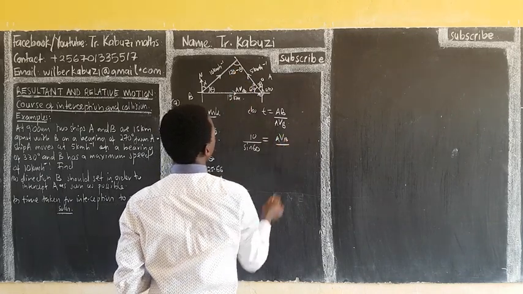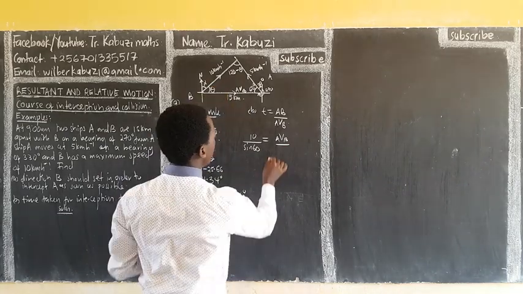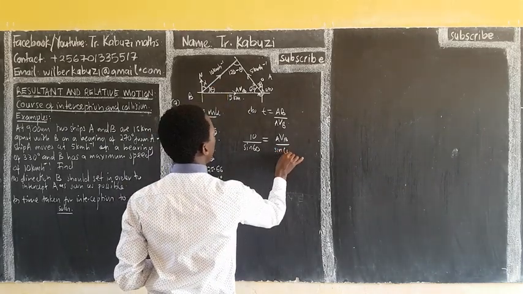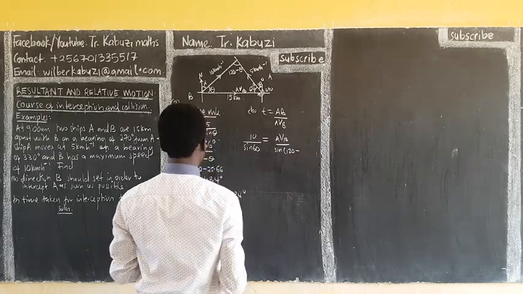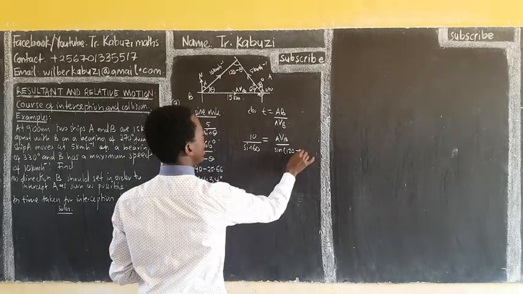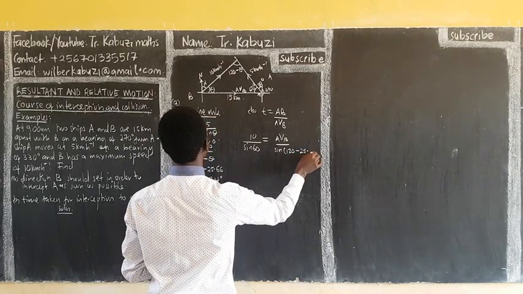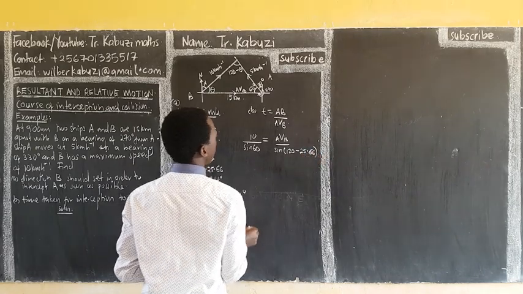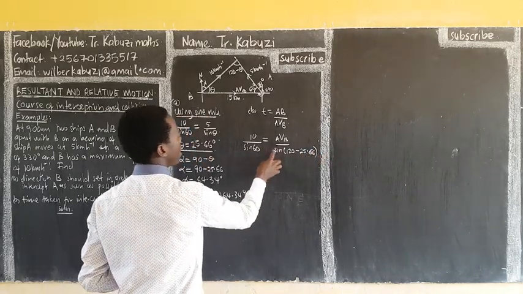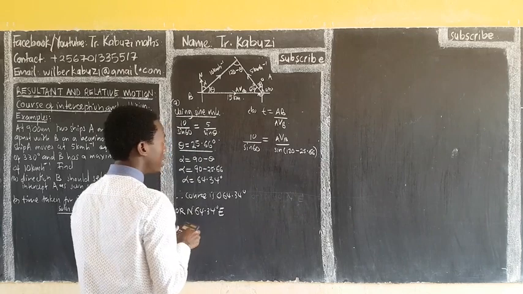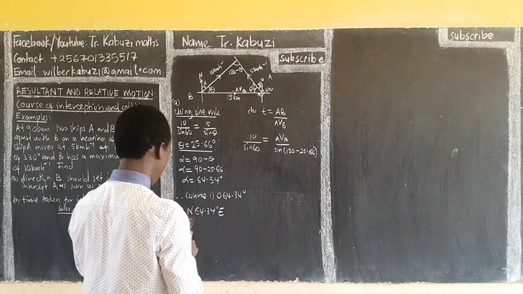That's why I'm using velocities over sine of 120 minus theta, which is 25.66. So I can aggregate the time here. So 120.